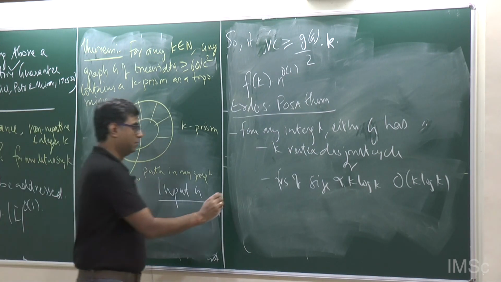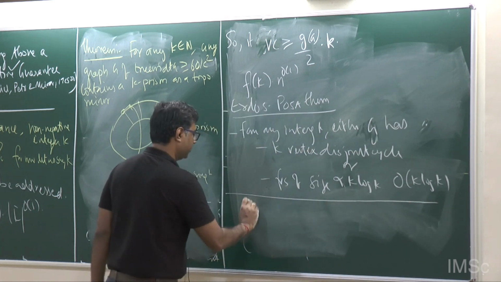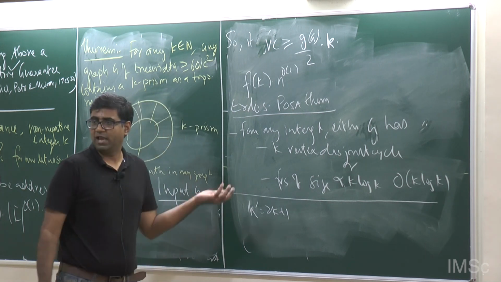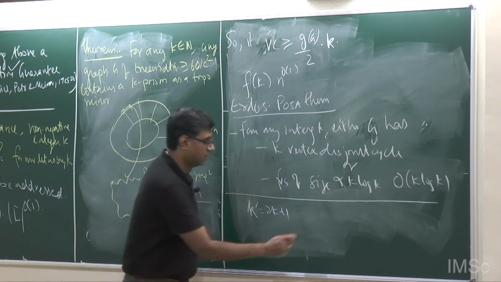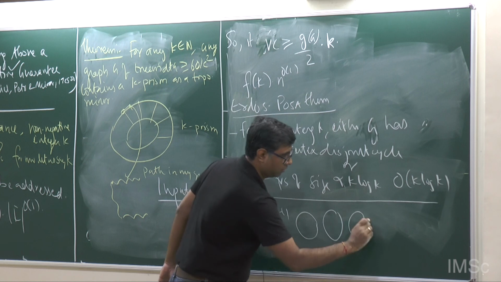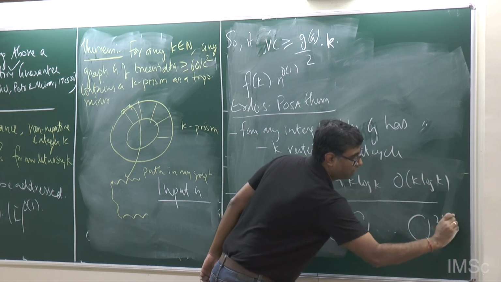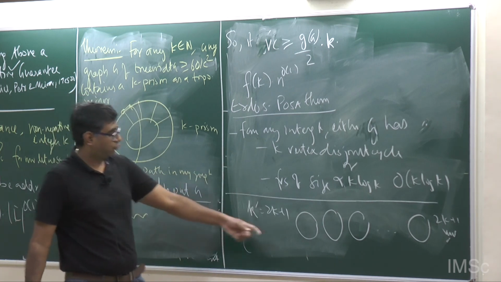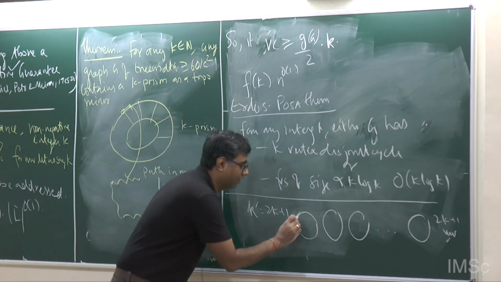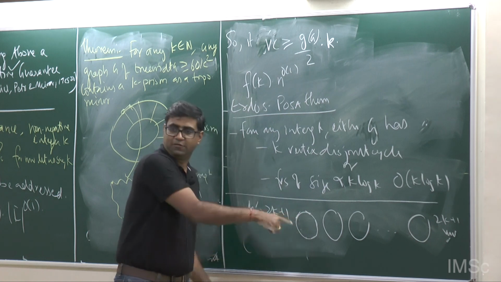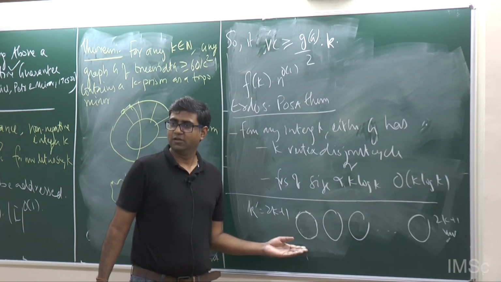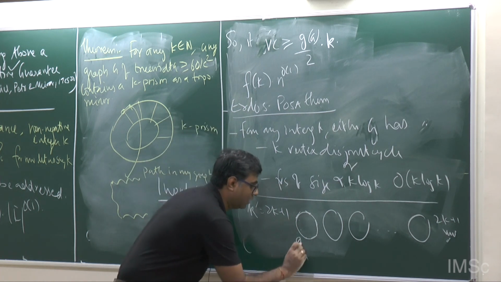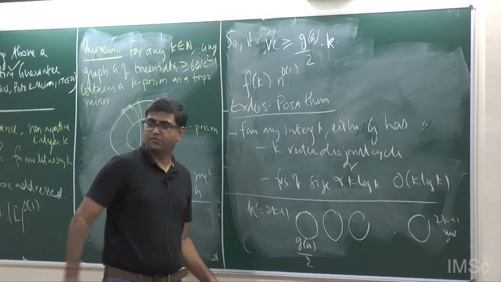So let's apply this lemma with k prime being equal to 2k plus 1. Either it will give me 2k plus 1 vertex disjoint cycles. Then what can I say? For each of these cycles, I have a matching, if I take alternate edges. So for each of them, I spend girth by 2 vertices from the vertex cover.